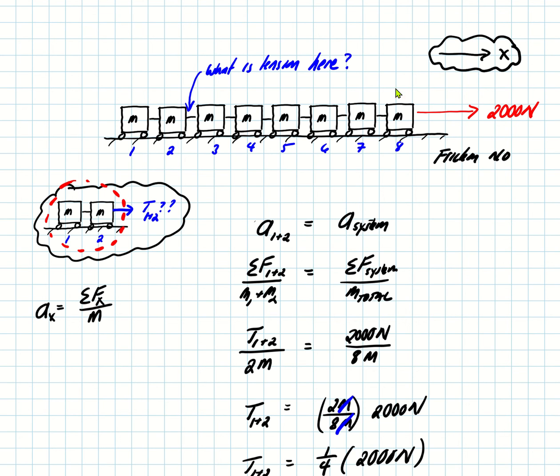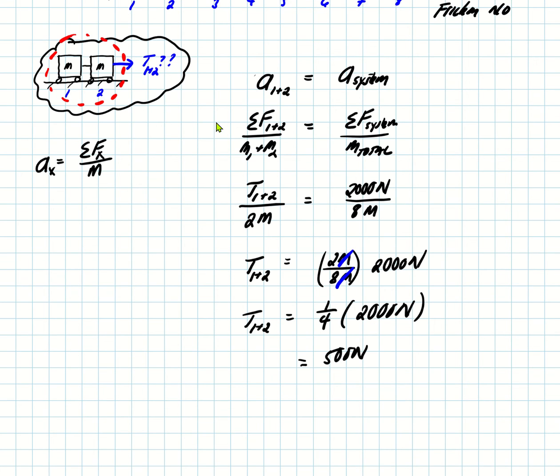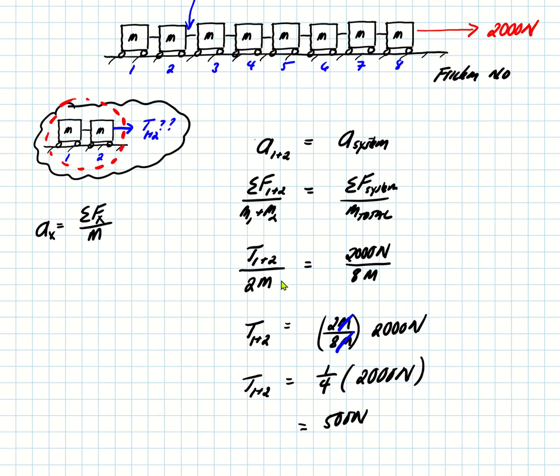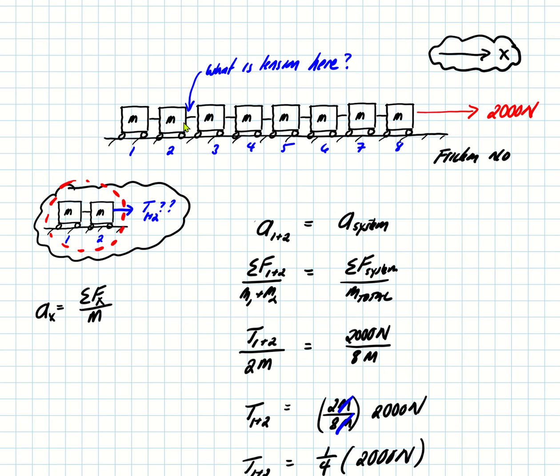If you're pulling to the left, it could be to the right, but the mass behind divided by the total mass. So here, this string between cars 2 and 3 was pulling only 1/4 of the total mass. So this tension force was 1/4 of the total.